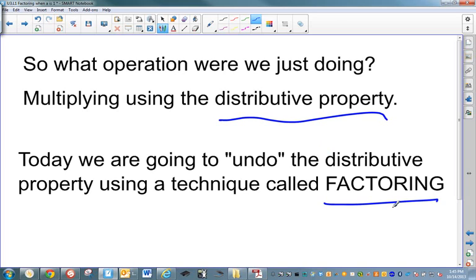All right, that's kind of an easy way to think about it. It's undoing the distributive property. So factoring, colon, is undoing the distributive property.